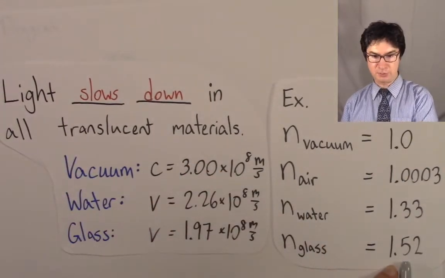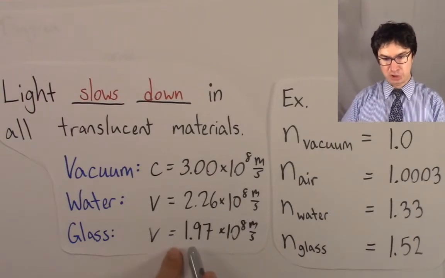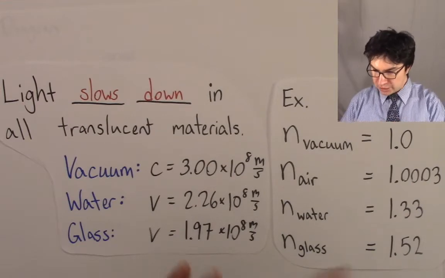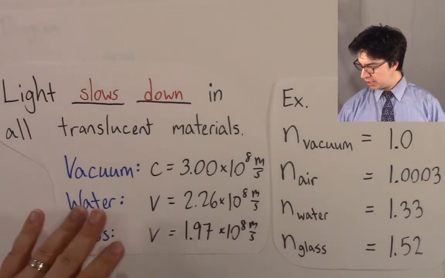So a denser material with a bigger index of refraction had a slower speed of light, right? That's very interesting. So that's really what N is, okay?